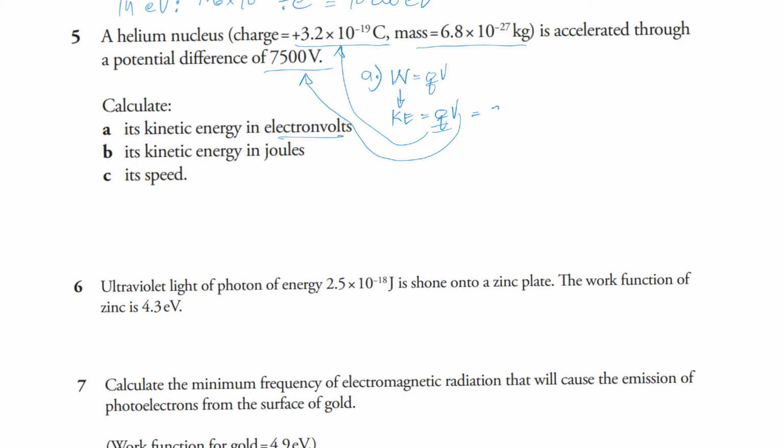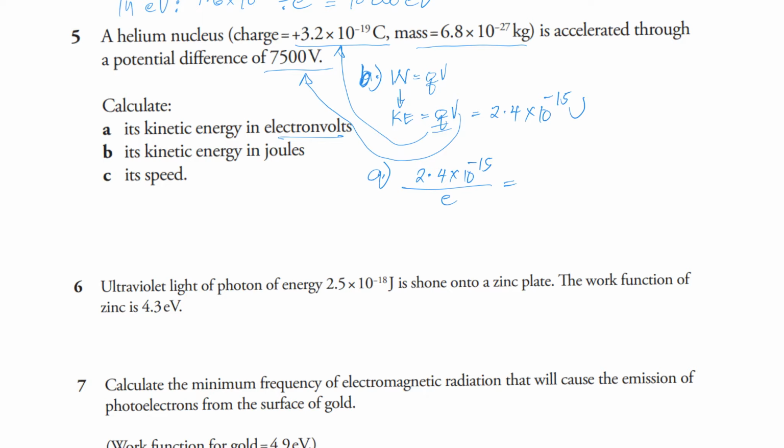It will give us around 2.4 times 10 to the minus 15 joule. Finished? Let's go to electron volts. By the way, this is B. Sorry, this is the answer for A, that number 2.4 times 10 to the minus 15. We just divide it by e.